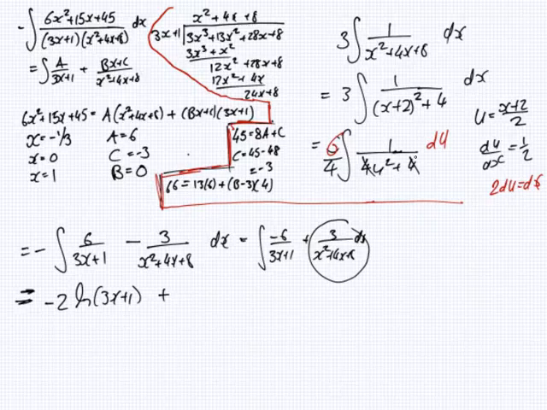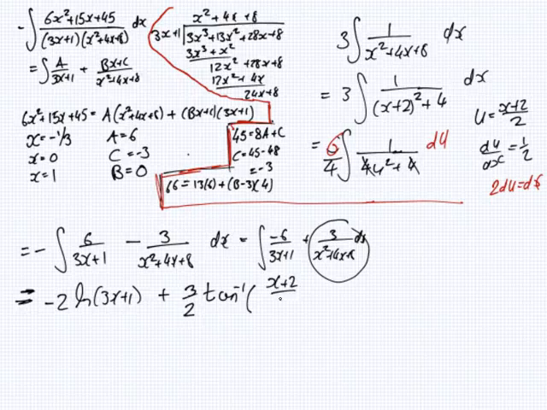Well, what's x plus 2? 2u, squared, 4. Yes. So this will be 3 over 2 tan inverse u. Tan inverse u, sorry, x plus 2 over 2, plus c.